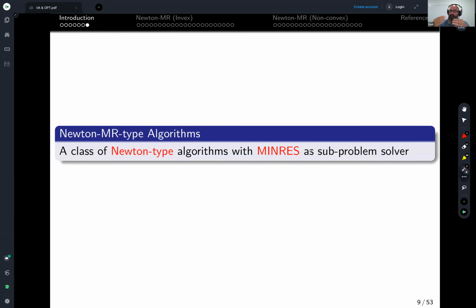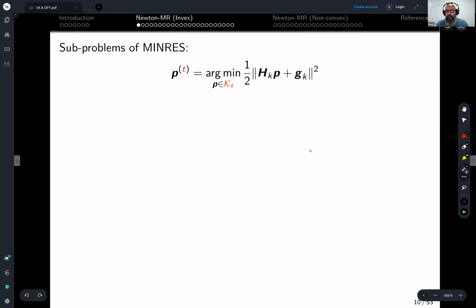And this is not a straight out of the box replacement. It has a lot of theoretical and empirical consequences that I will go through some of as part of today's talk.